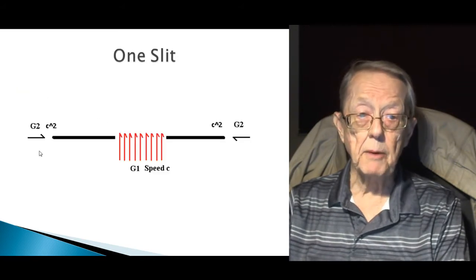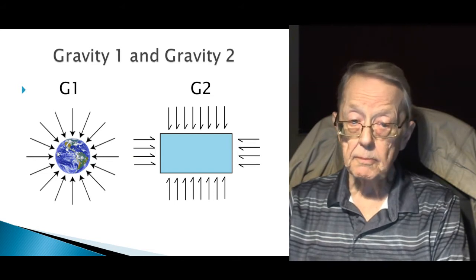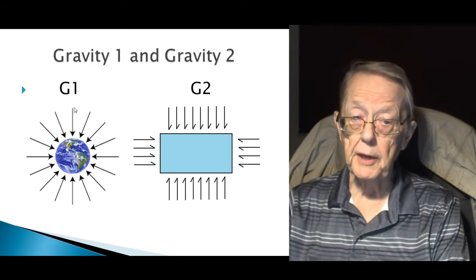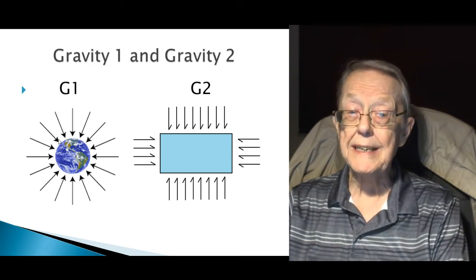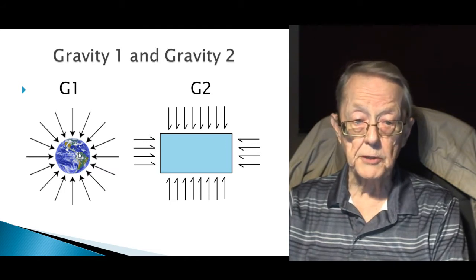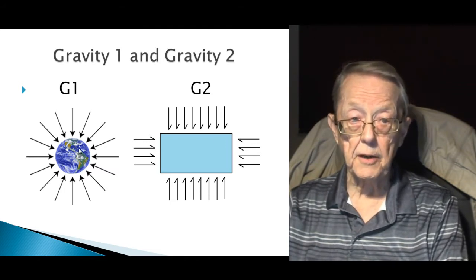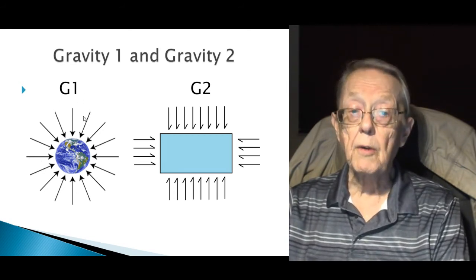At the same time, I was comparing it to the G1 force field around the Earth. The G1 force field is the Newtonian force field around the Earth, holding an atmosphere and holding us and all other objects. But there isn't just a G1 force field around the Earth.